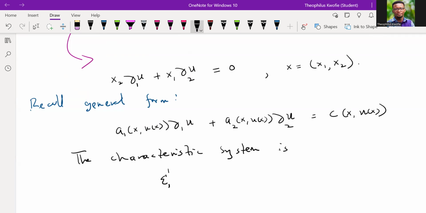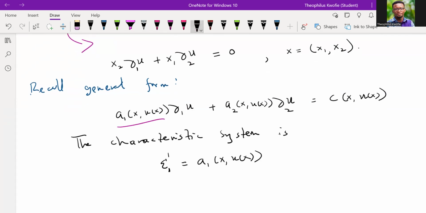The differential of xi with respect to x1, which is 1, will be equal to the a1. So as per the system, it's always equal to your a1. And then the derivative of xi with respect to x2 will be your a2.